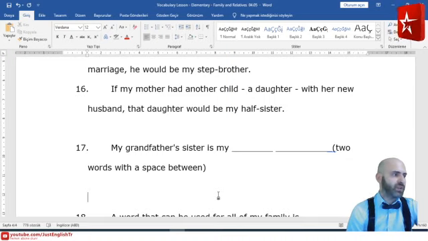And as for question 17, we have which possible answers?